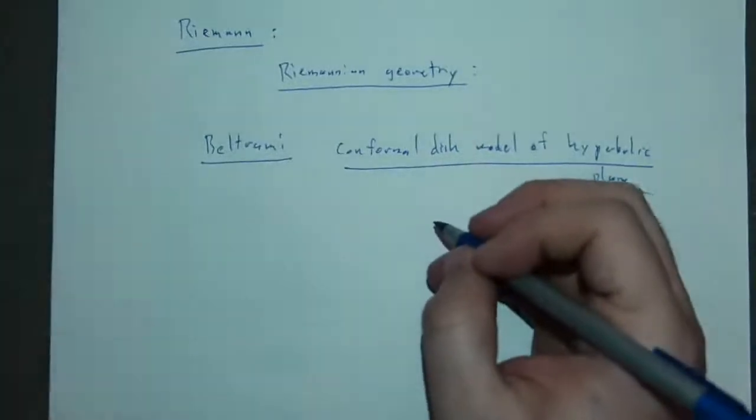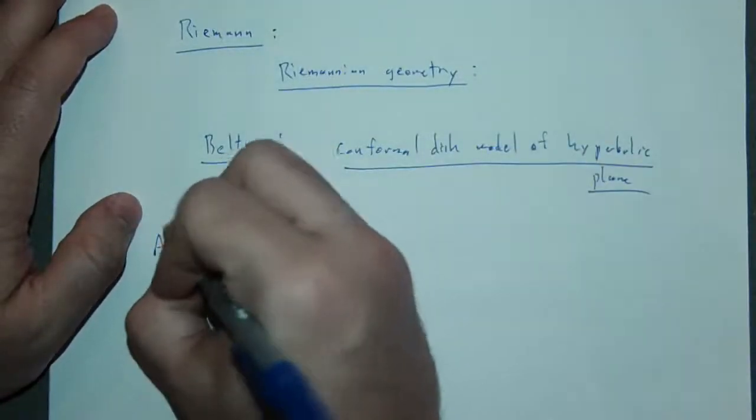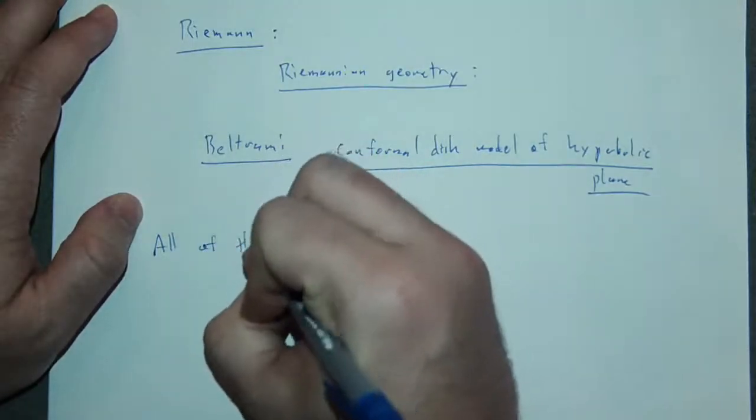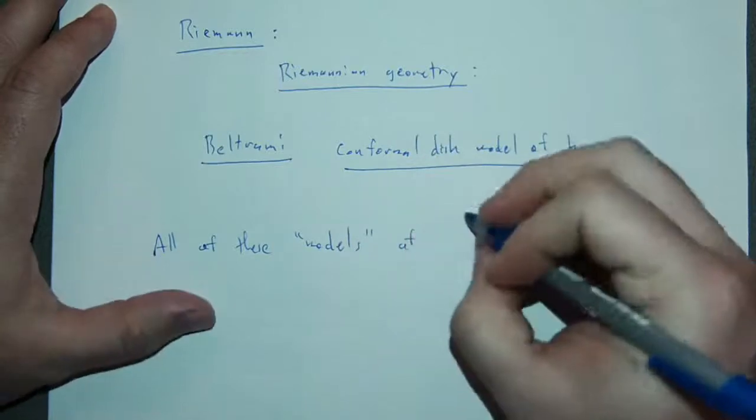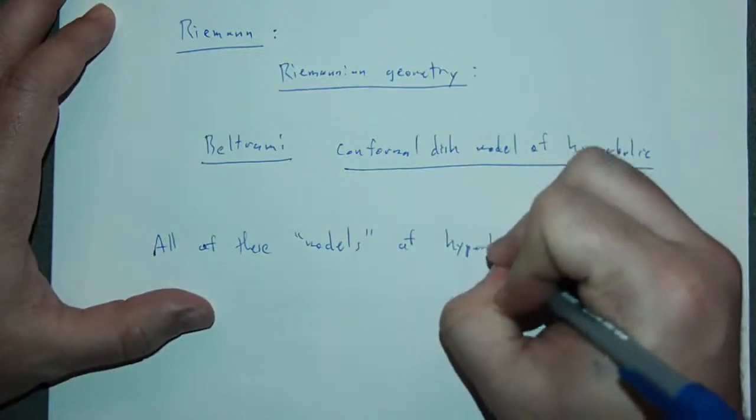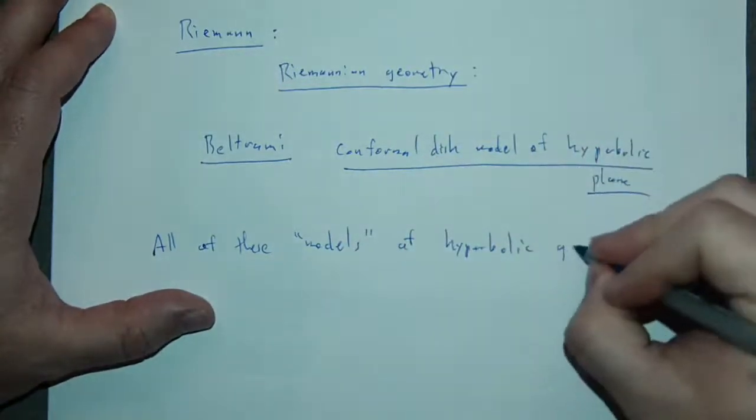All right, so rather than get into the specifics of the conformal disk model, I'll say the most important thing. One, all of these models of hyperbolic geometry are isomorphic.